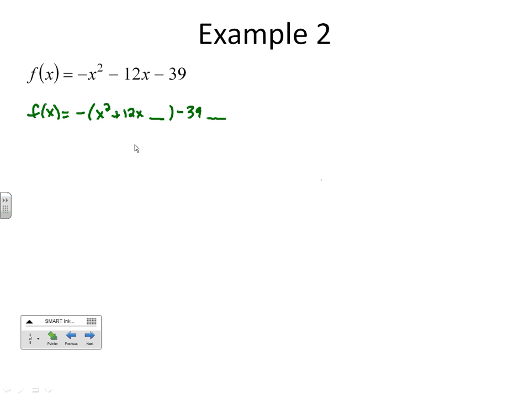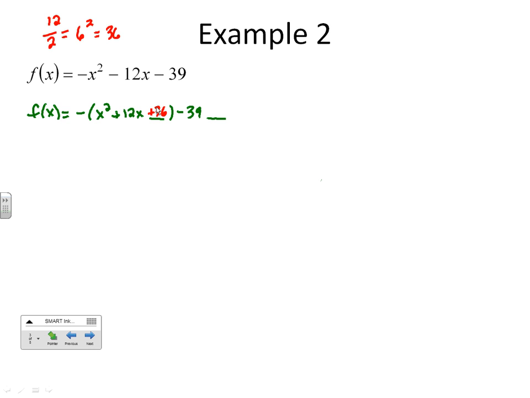Or if you're working it out the other way, you should still end up with the same answer if you do it right. So I need to work my completing the square magic where I say, okay, 12 divided by 2 is 6, and 6 squared is 36. So I need to add 36 into my parentheses.